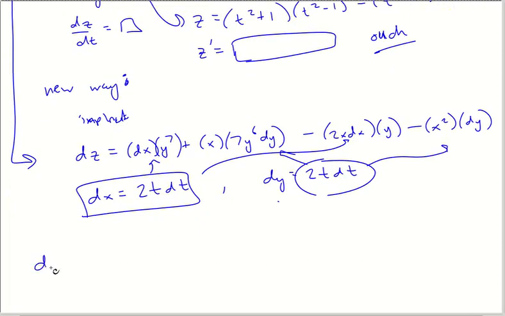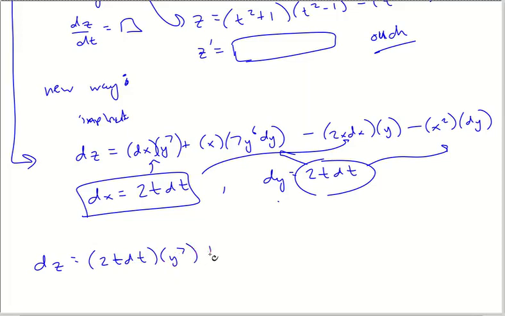And so my dz is going to look kind of hideous, but I guess we'll get to it. Let me do it the straight way, and then I'll kind of show you what they're looking for as an answer, okay?